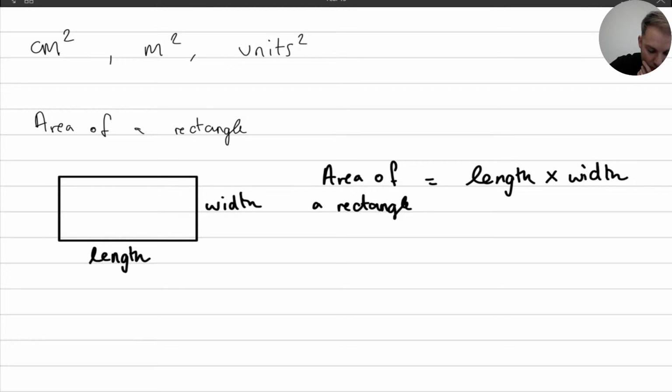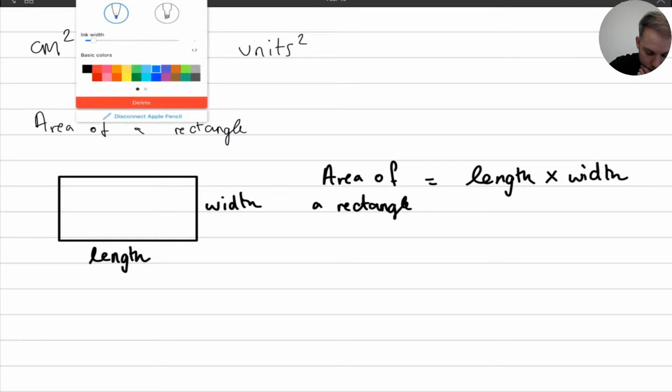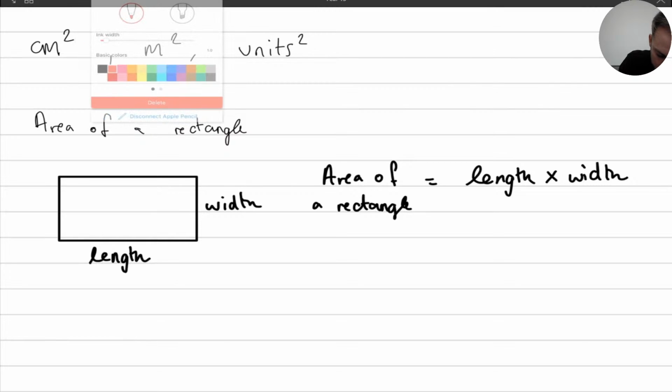So get that down in your notes. That's your first one. Now you will need to know all of these, and you'll need to know them off by heart as well. So that's the area of a rectangle.